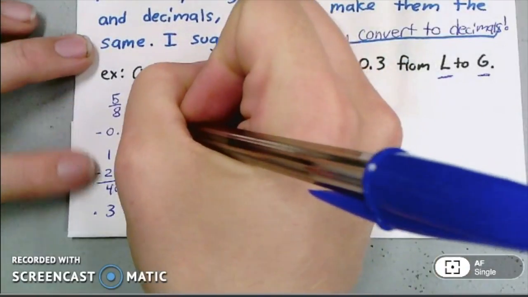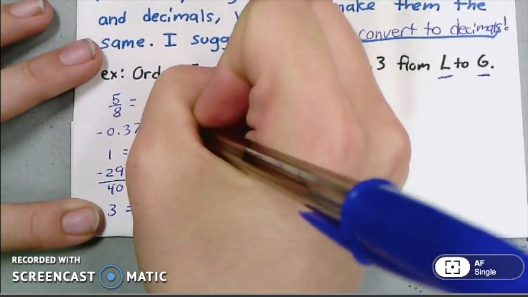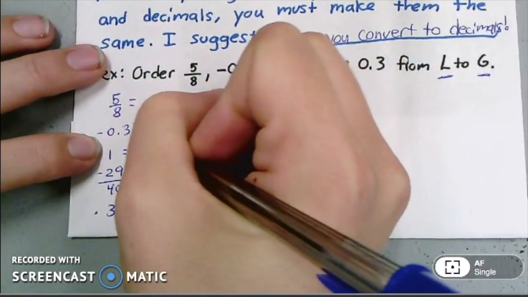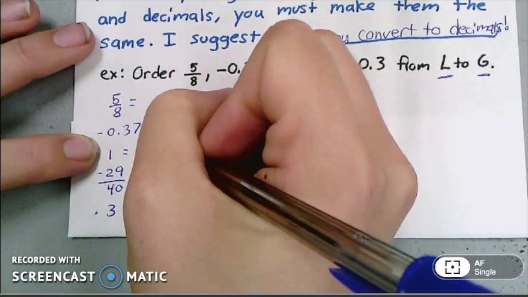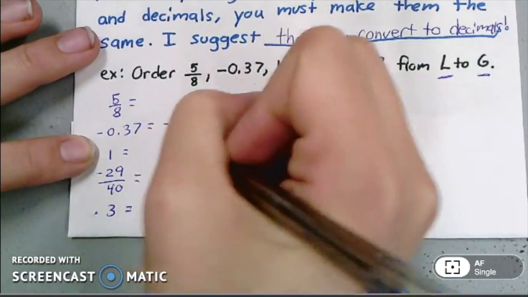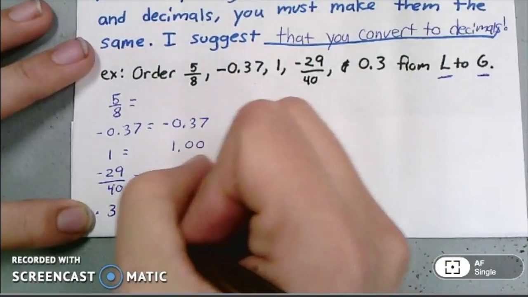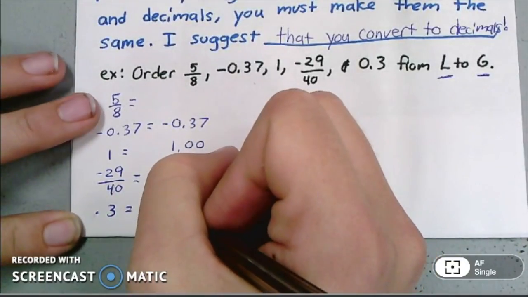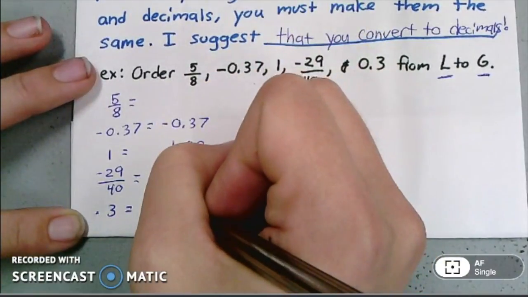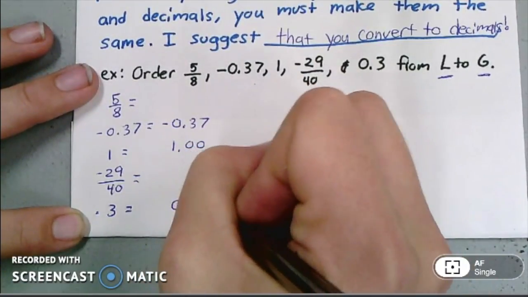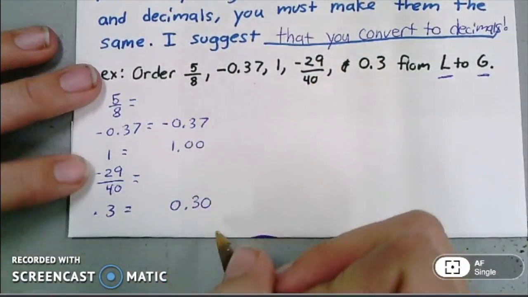Well, this one's already converted for me, negative 0.37. And so is 1, actually. But remember, I want to give it the same amount of decimal spaces. So this is going to become 1.00. And this one is already converted for me, too, 0.30. I went to 2 decimal places with all of them.